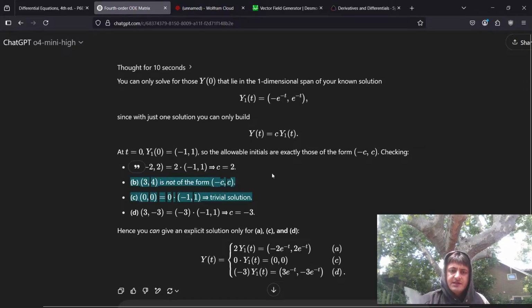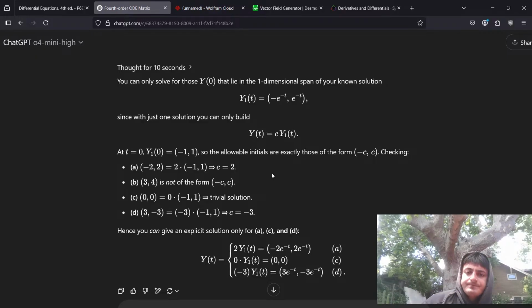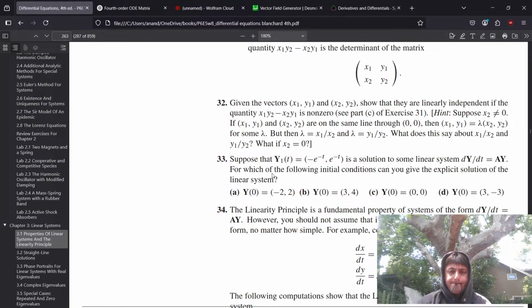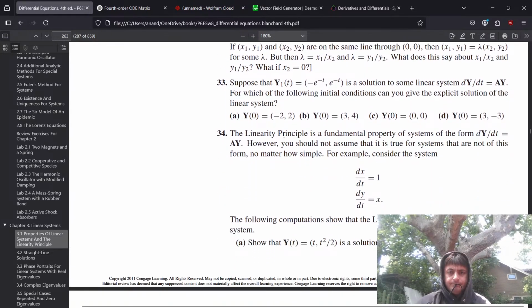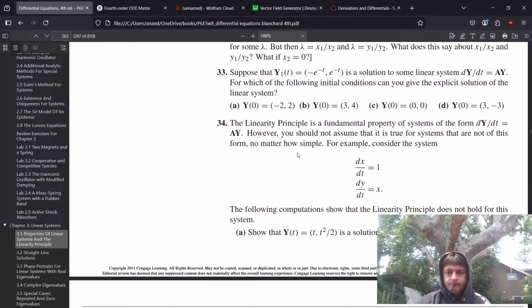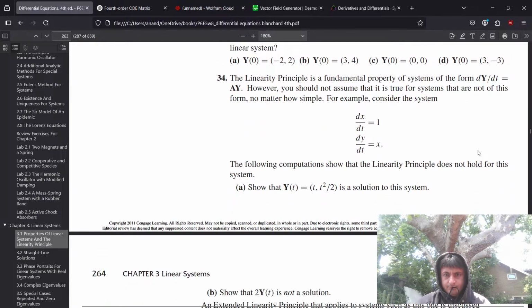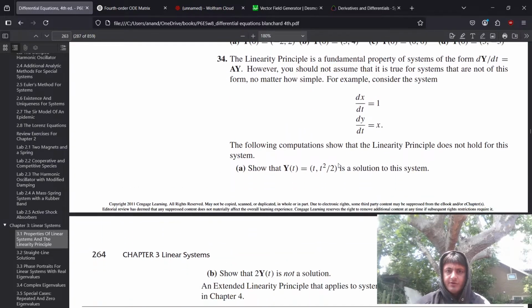Oh yeah, you get C as well, right? I was debating C, but you get C. Okay, this is a good one. 34 is a good one.